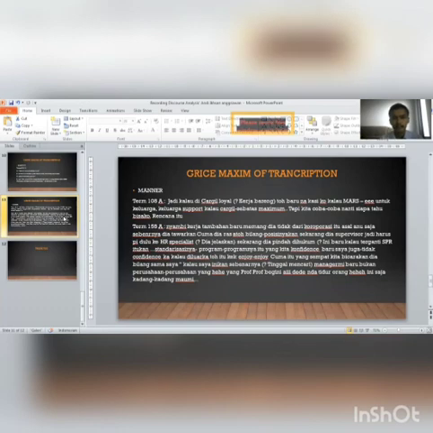Here, I think this is ambiguous, because this conversation has more meaning, memiliki dua maksud tertentu.